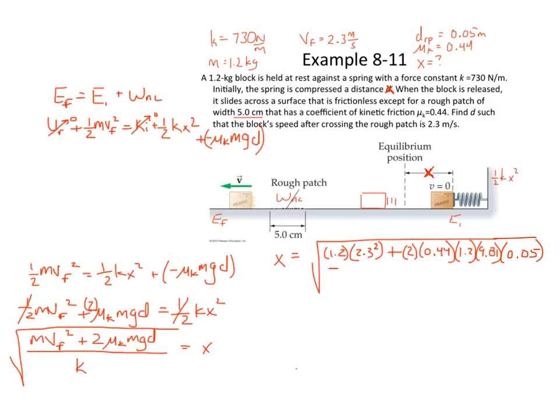Okay, numerators are accounted for. Let's do the denominator. The denominator is easy. That's just our k, which is 730 newtons per meter. That's quite a top-heavy fraction right there.